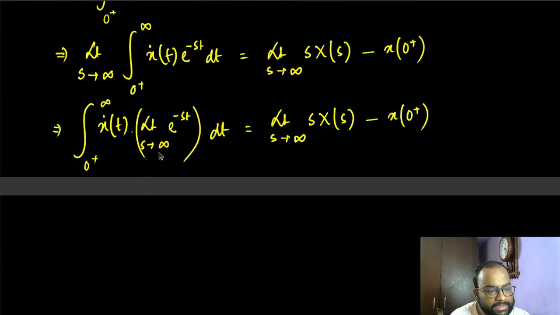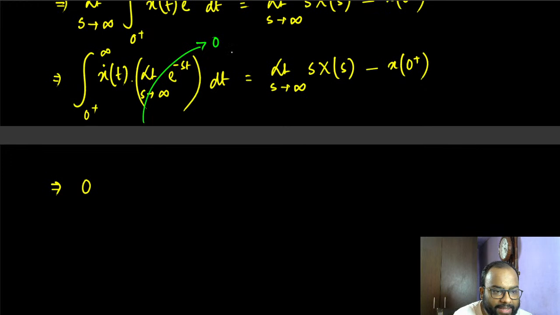Now look at this. When I put s tending to infinity, what happens? This is becoming 0, right? Because t is positive. Since t is positive and s is tending to infinity, this becomes 0. So when I am multiplying something with 0 and integrating, we get a 0. So the left hand side is 0. And on the right hand side, we have this once again.